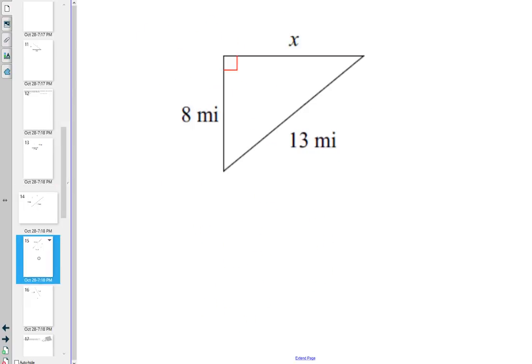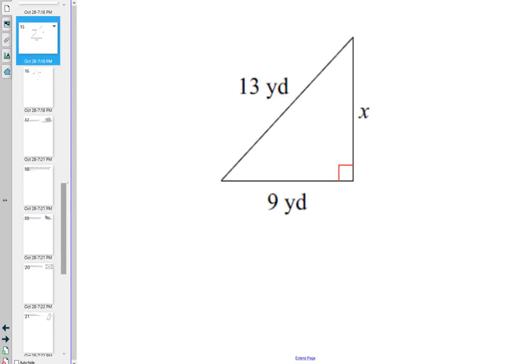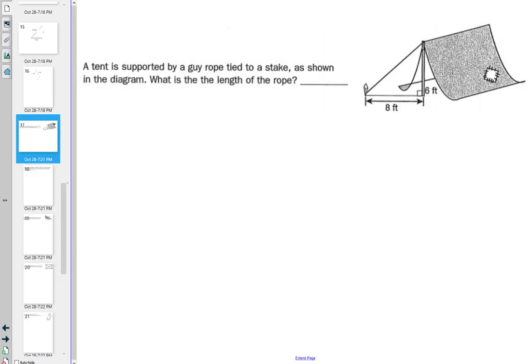And let's skip to some word problems. A tent is supported by a guy rope tied to a stake. What is the length of the rope? So what they want to know, let's call this X. They want to know that X there.